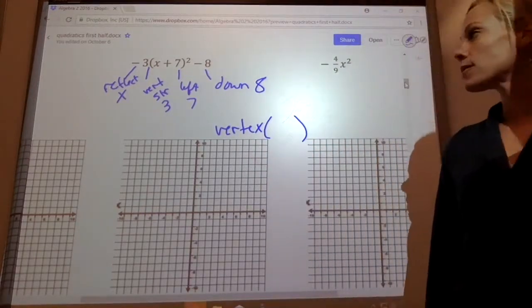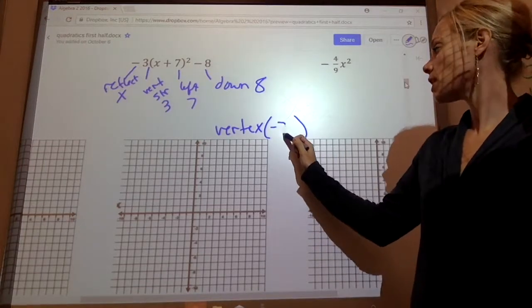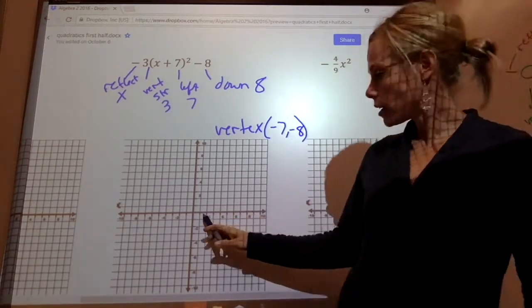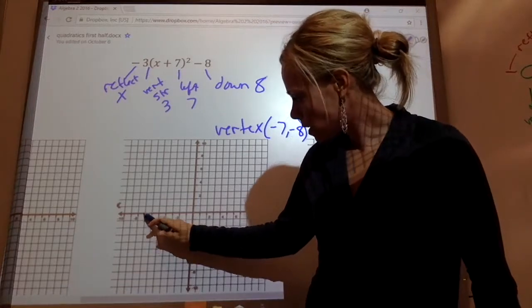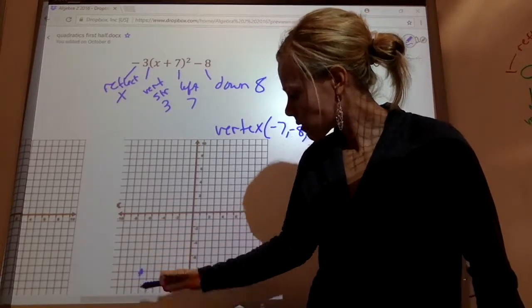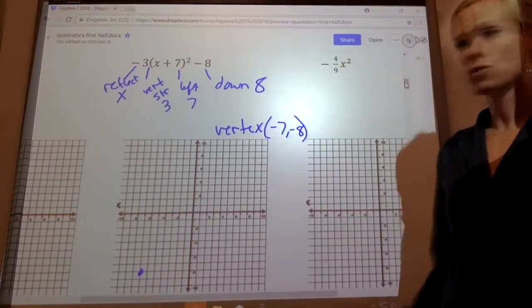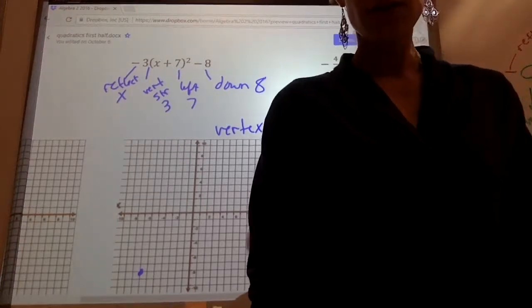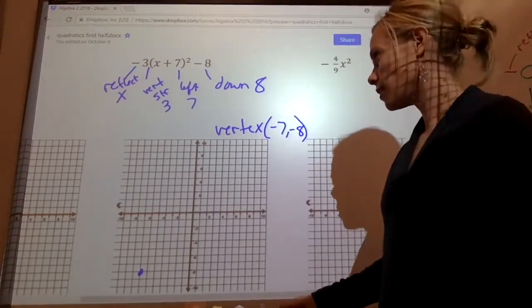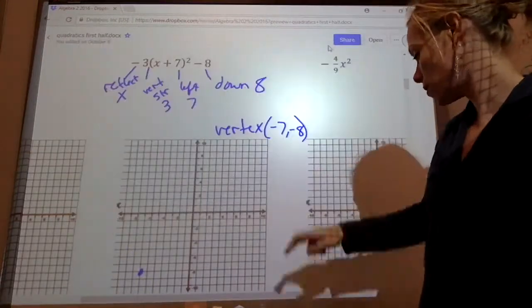If I went left 7, down 8, where's my vertex? -7, -8. So I know I can go left 7, down 8. The 1, 3, 5 rule, I can't do that because there was a stretch. So I would put it in the graphing calculator, and it also reflected, so this is going to kind of go off my graph a little bit.